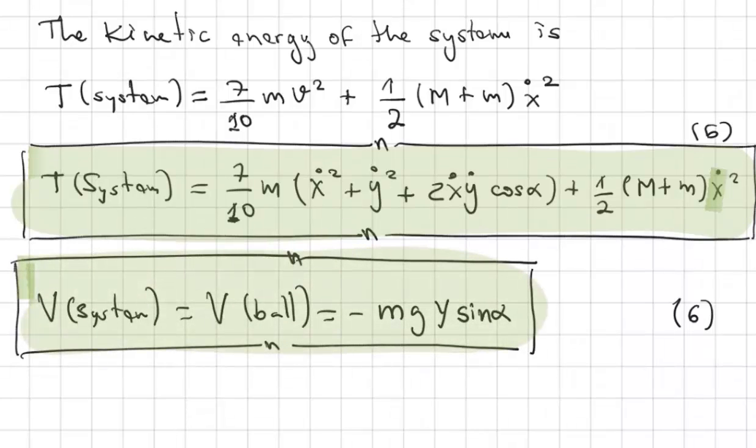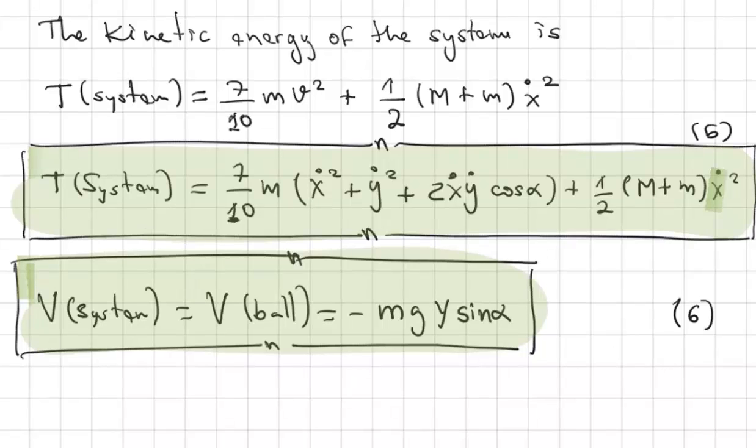Why is the potential energy of the system equal to the potential energy of the ball? Okay, we consider the potential energy of the wedge as 0 because its dimensions are not taken into consideration. That means that we are treating the wedge as a punctual particle, right?